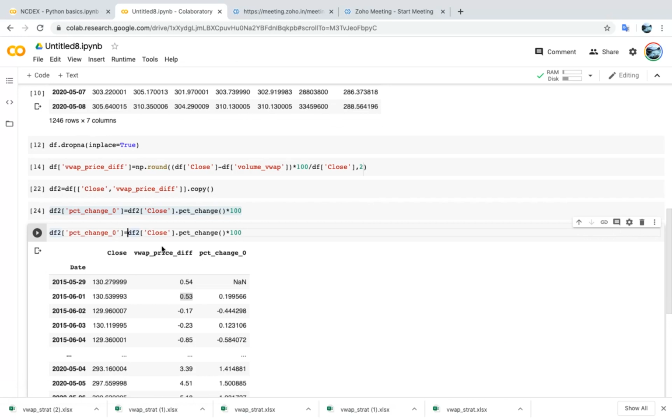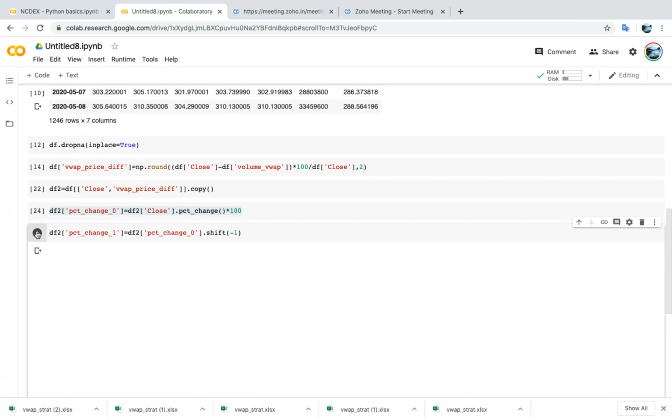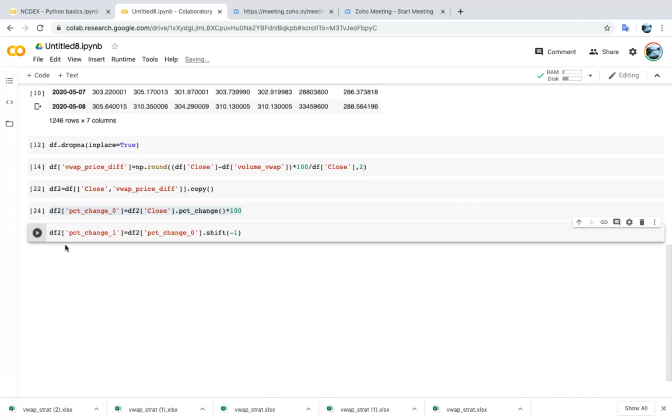So what I'm doing is I'm taking the percentage change of the next day, that is tomorrow, and I'm taking the percentage change of the previous day and doing shift(-1). Let us see the data frame again.